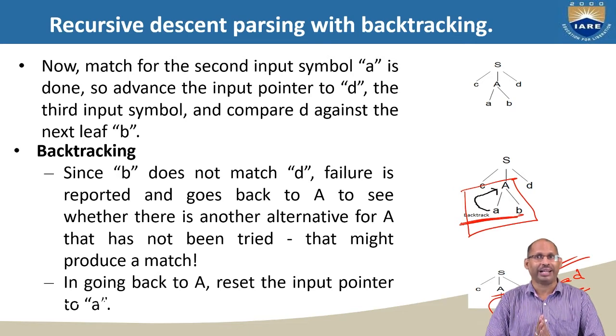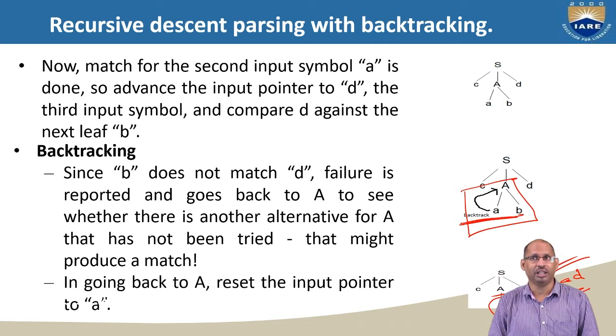What is backtracking? Our required input is not derived. So whatever production was selected will be removed and once again we go back to the same non-terminal and the alternative production is used in the derivation, right?